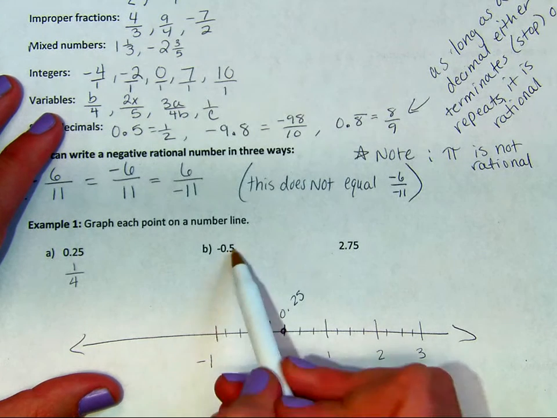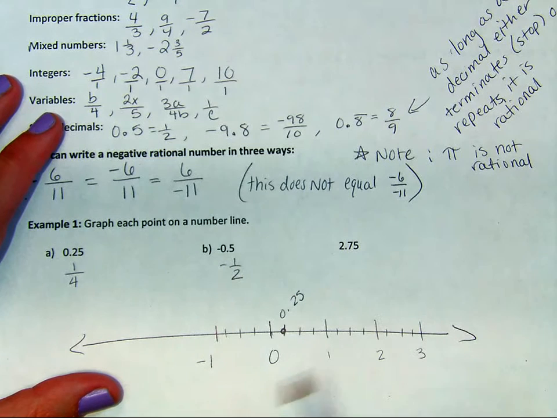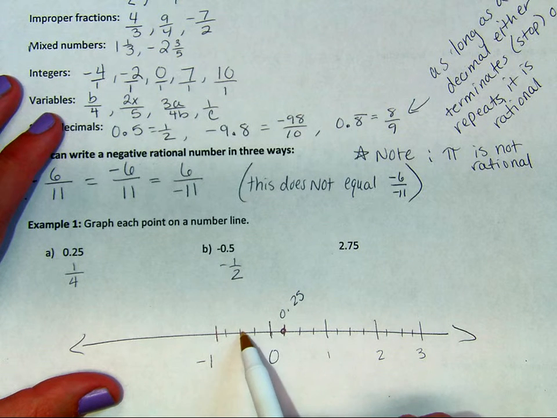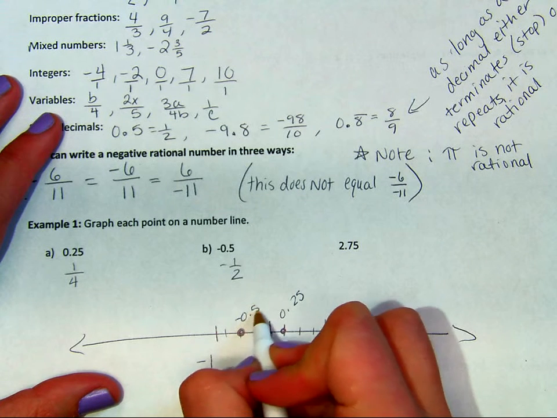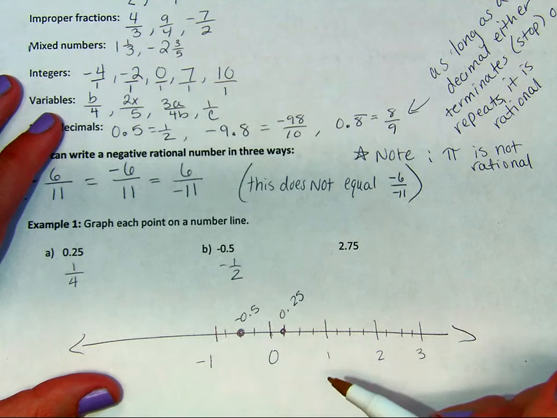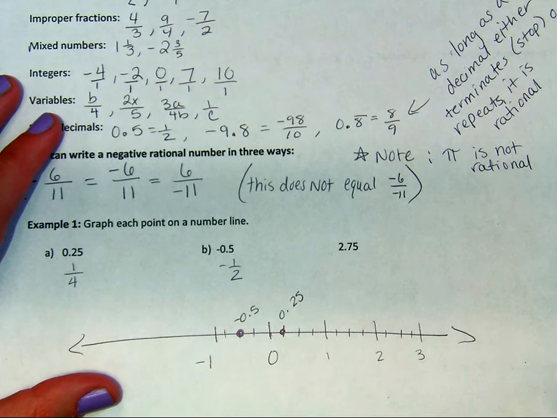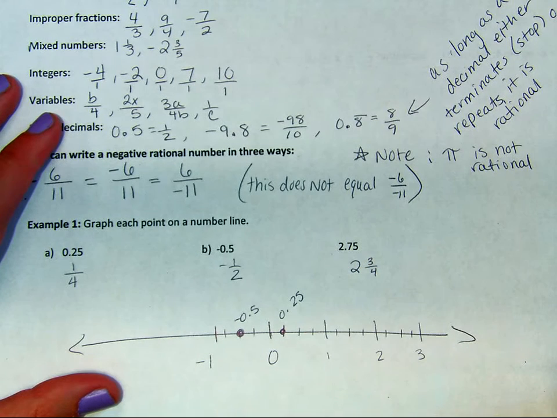Okay, next I'm going to plot negative 0.5. So that's just negative 1/2. So if I start at 0, I'm going to go back, or to the left, 1/2. This is negative 0.5. It's between 0 and negative 1. For 2.75, well, 0.75 is equal to 3/4. So this is really the same as 2 3/4.